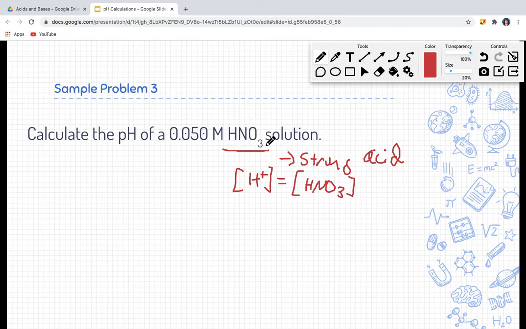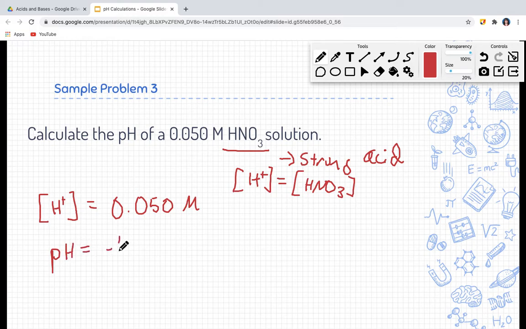So it's going to completely split into H plus and nitrate ions. So that means our H plus concentration is equal to 0.050 molar. pH is going to be equal to the negative log of that.